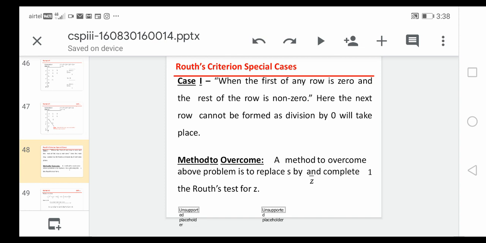The first case is when the first element of a row is 0 and the remaining elements are non-zero.